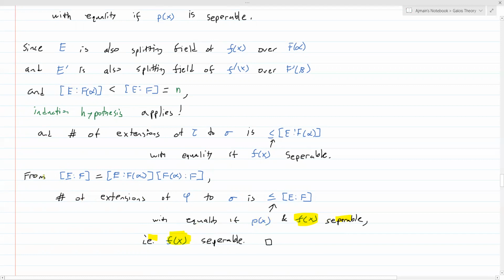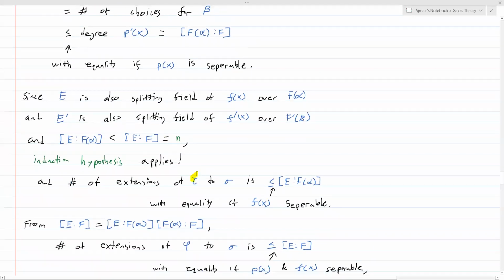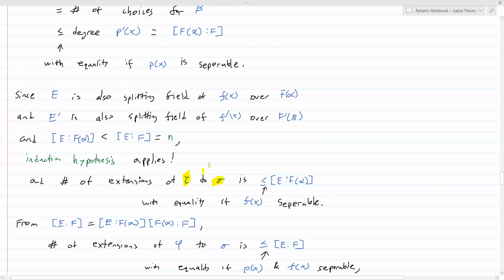So let me just say this a little bit more slowly and again. We have phi and we want to extend it to sigma. We know how many ways there are to extend phi to tau, and then given the specific tau, we know how many ways there are to extend tau to sigma.